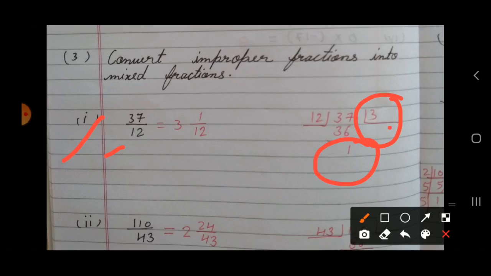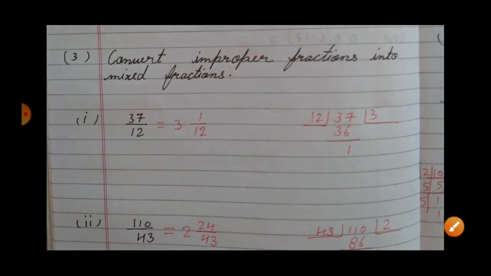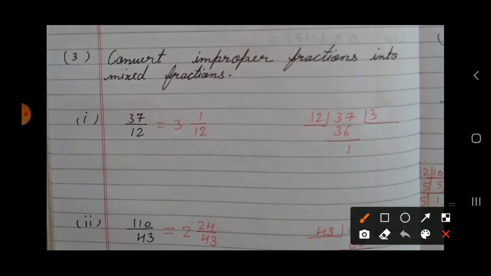This quotient you have to take as a whole, and 1, that is your remainder, you have to take as a numerator, and 12, which is your divisor, you have to take in denominator. Now this is the mixed form of this given improper fraction.